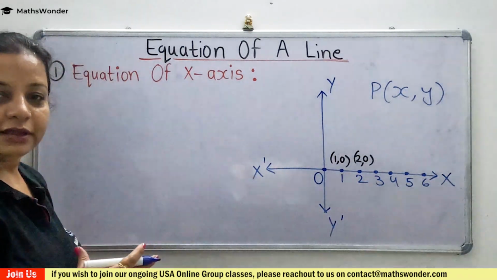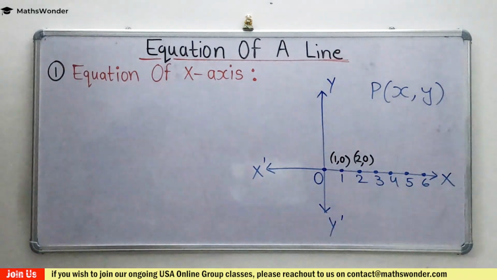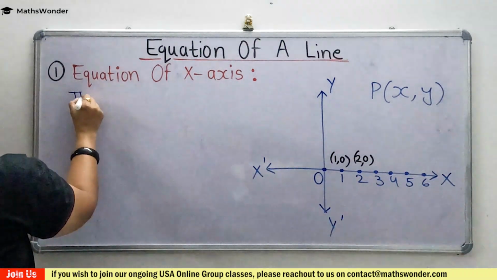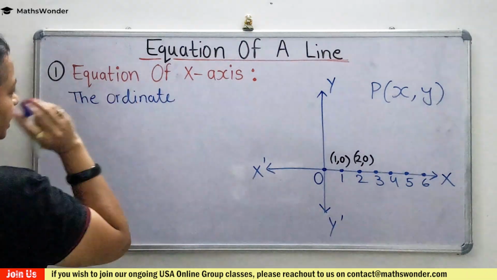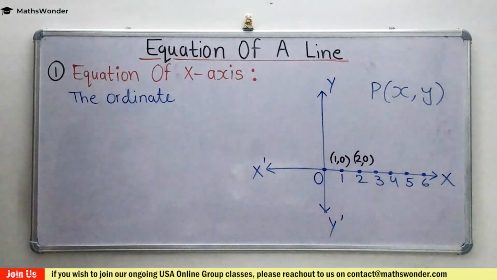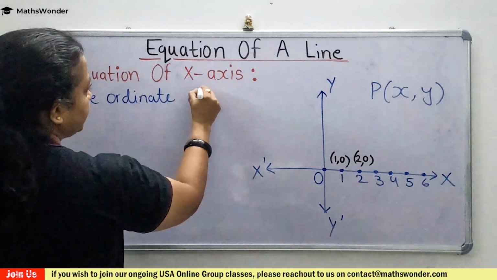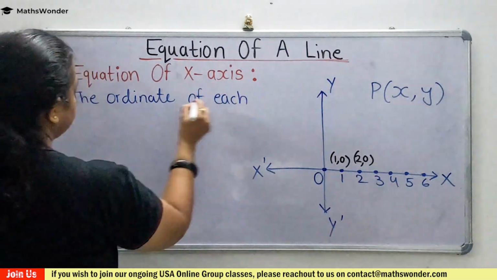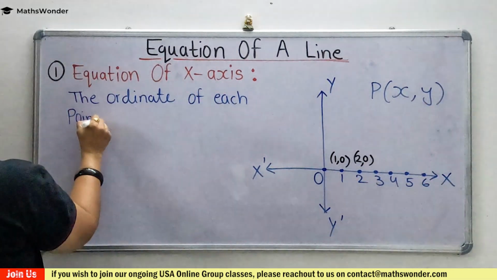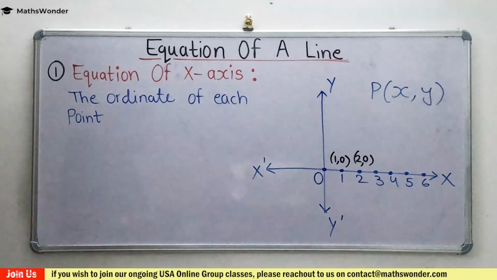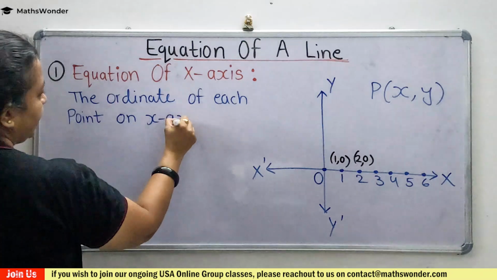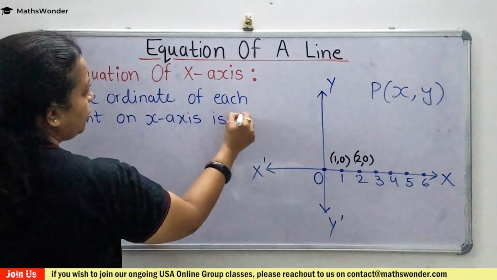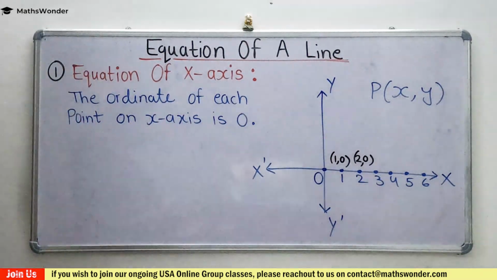Got it? We already learned it in the previous class. Remember? So, write down: the ordinate of each point on the x-axis is 0 for all, right?